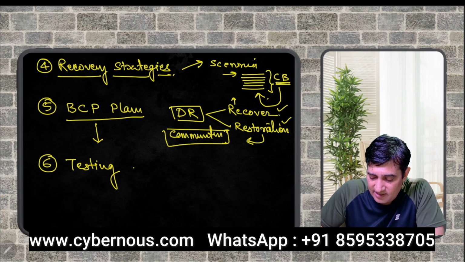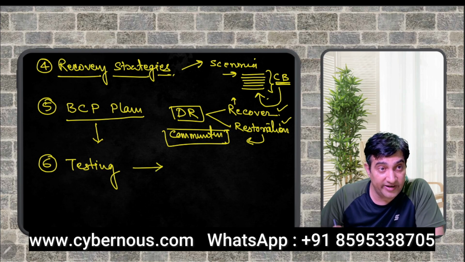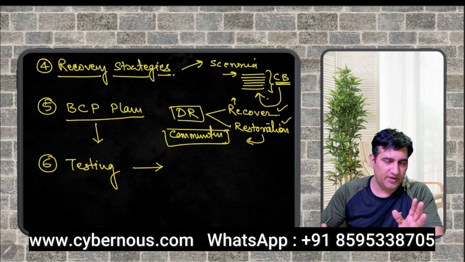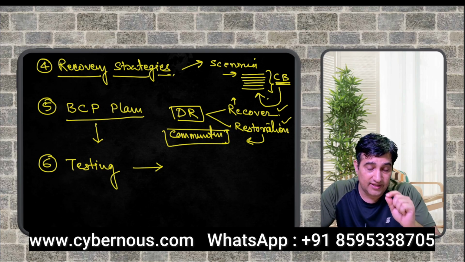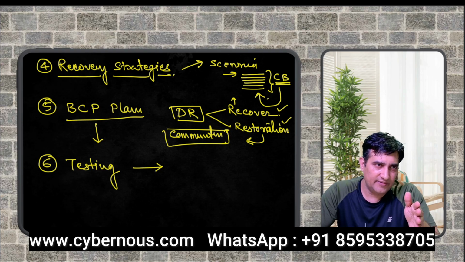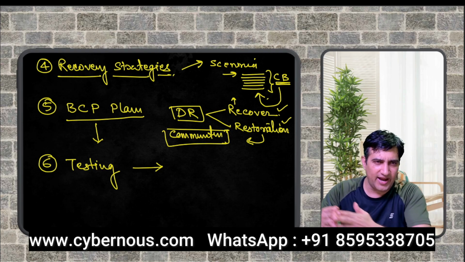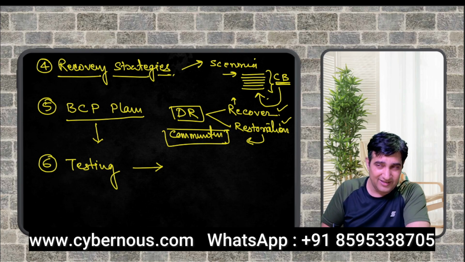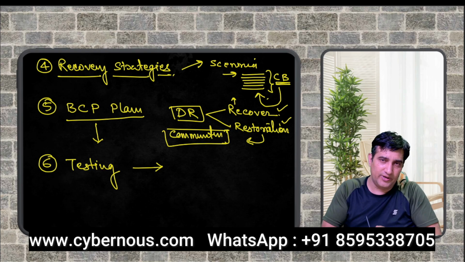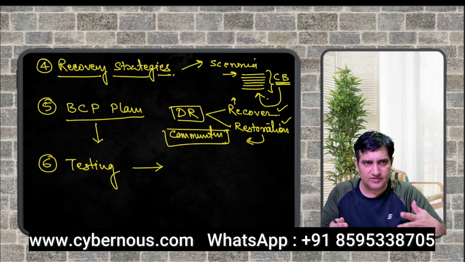These tests are very important, and for testing you also need an awareness program throughout your company, so that role specific people know what critical activities they are supposed to do in case of a BIA. You are not going to tell a whole lot of things to end users. You are just going to tell them, if there is a fire, you need to evacuate, let's say through stairs, and don't use a lift.